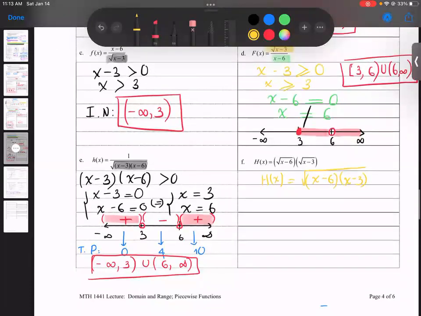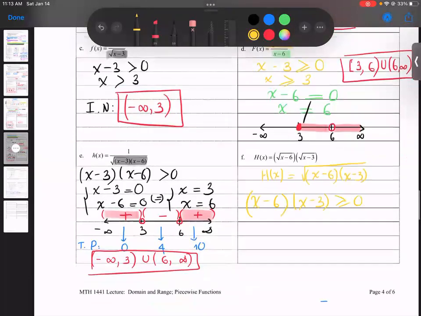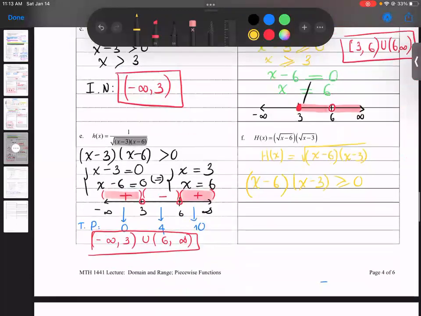So we set x minus 6 times x minus 3 greater than or equal to 0. Well, the steps to solving this are very similar to this one. So at the end, let me skip all the way to the end. I'm not going through that again.